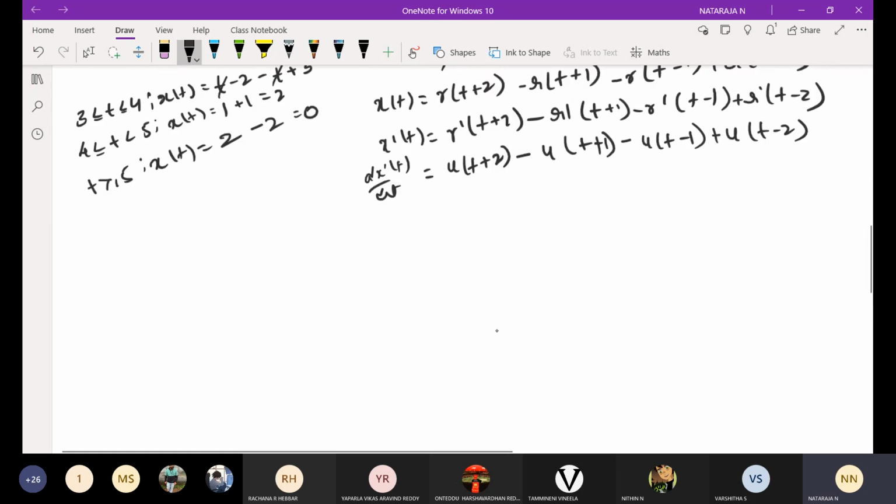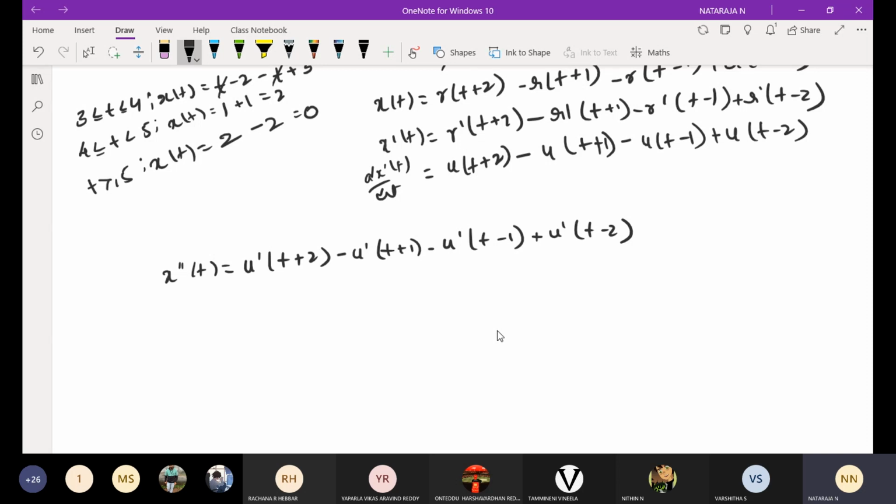Already we have discussed in the last class: if you differentiate u of t, it becomes delta of t. Now my x dash of t is u of t plus 2 minus u of t plus 1 minus u of t minus 1 plus u of t minus 2.